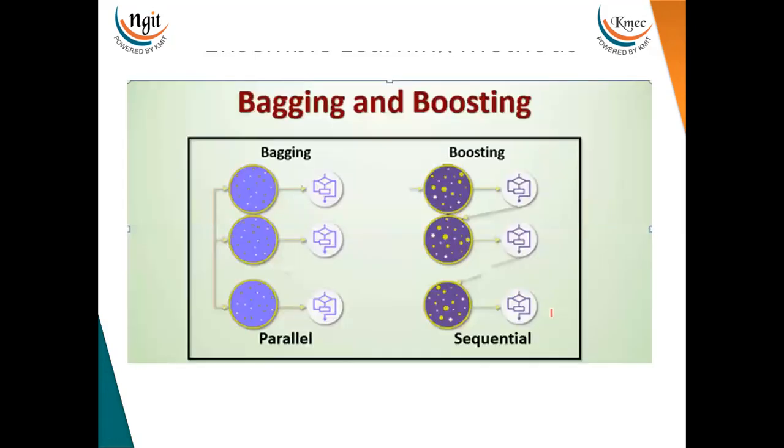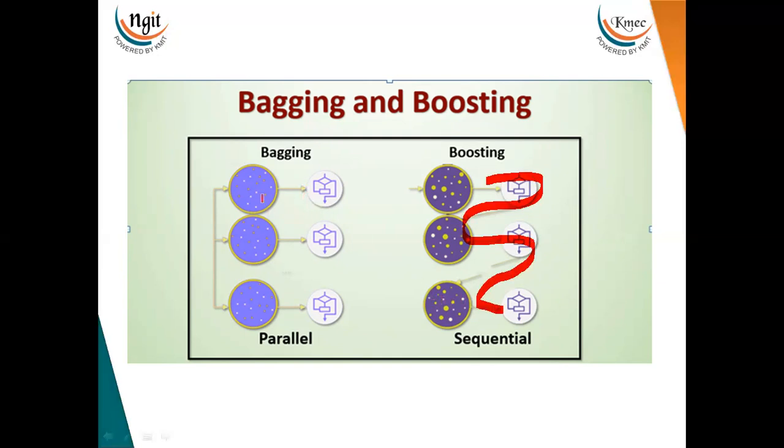Okay. Now, as you can see in the diagram, bagging indicates parallel execution, while boosting indicates sequential execution. Means what? In both bagging and boosting, you will divide your data. You are going to divide the data set into subsets. But in bagging, what is happening? One subset will be given to one model.